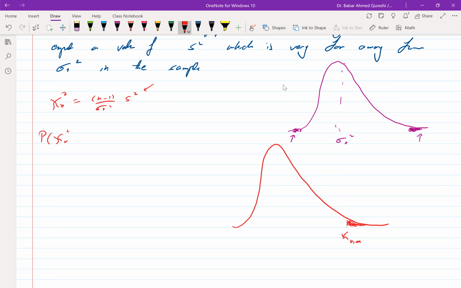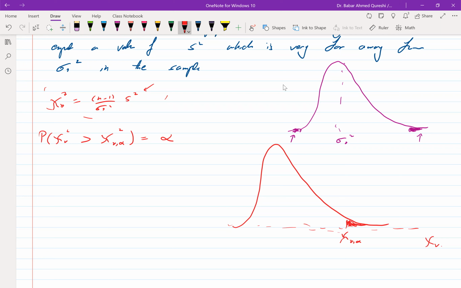If this chi-square variable which you have computed comes up greater than this critical value, that has a probability alpha. That's how I have defined it. On the x-axis, I have chi nu values.